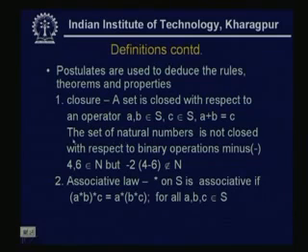Let us take an example. The set of natural numbers is not closed with respect to the binary operation minus. If I take the operator as binary minus, and 4 and 6 are the two elements, say A equal to 4 and B equal to 6, then 4 minus 6 is minus 2, but minus 2 is not an element in N, the natural numbers.